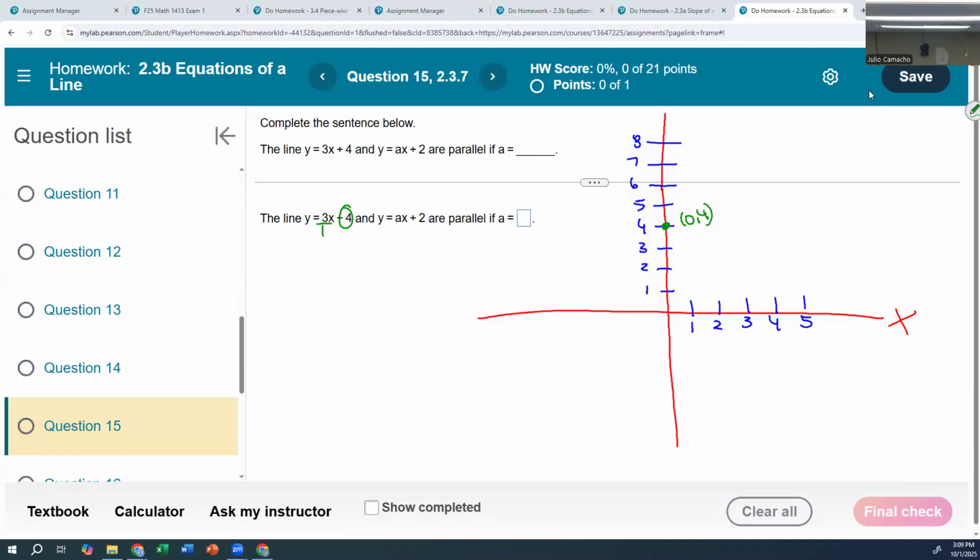The y-intercept is 4, and the slope is 3/1. You go up 1, 2, 3, and you go over 1. That is your next point, that is your 1, 7. And you need to draw your line coming up, something like this.